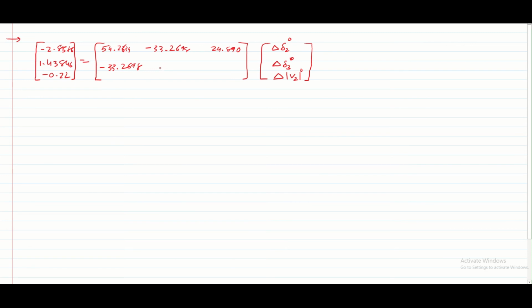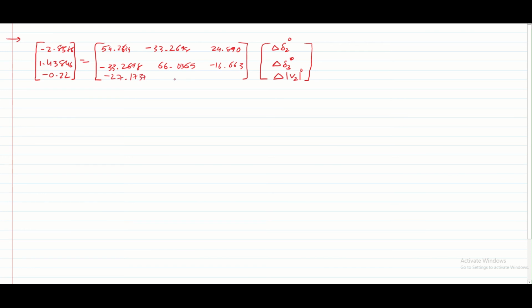The second J22 is 66.036. Here is minus 16.663. Here it is minus 27.1737.